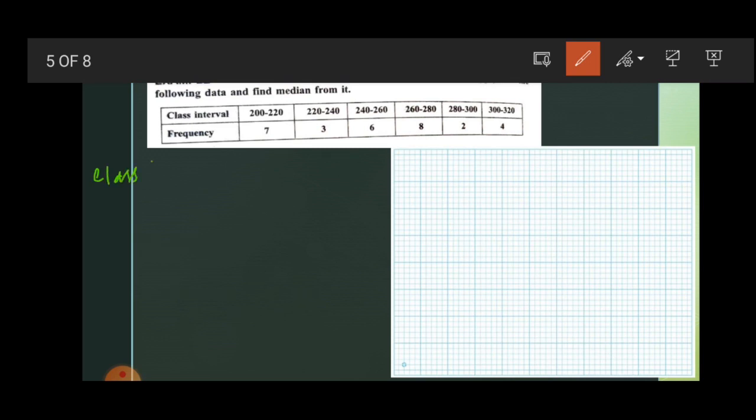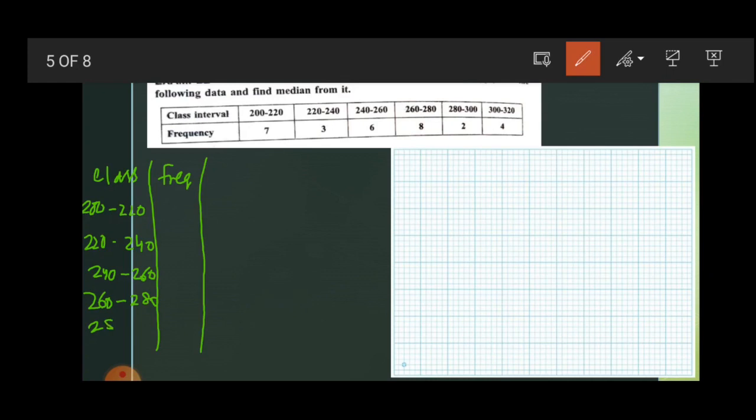Class intervals are 200 to 220, 220 to 240, 240 to 260, 260 to 280, 280 to 300 and 300 to 320.